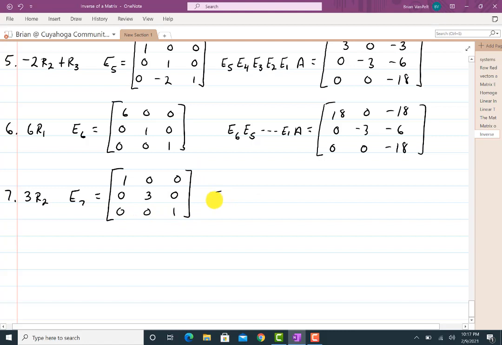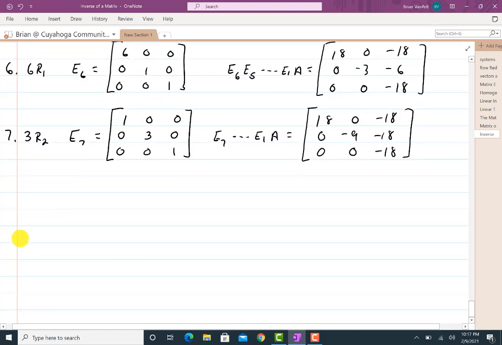And then I have E7 dot dot dot E1A equals, and then I went and cleaned out that third column.